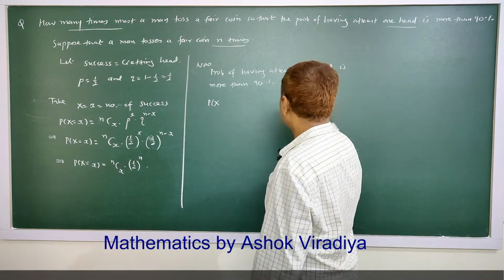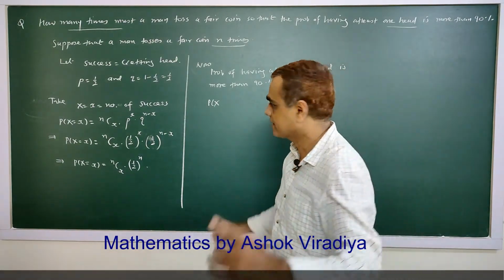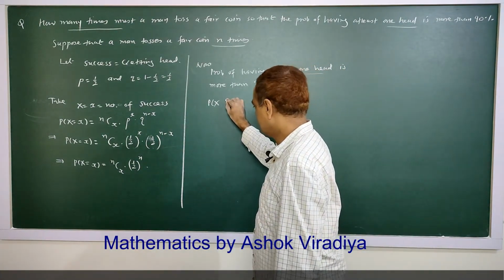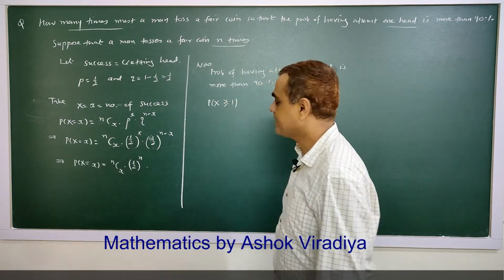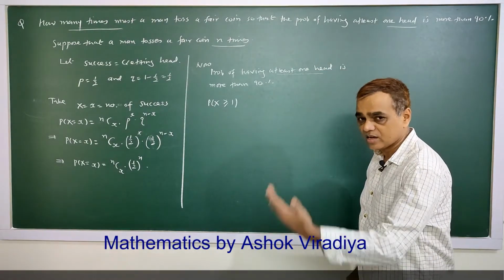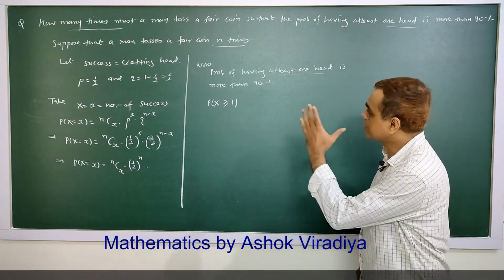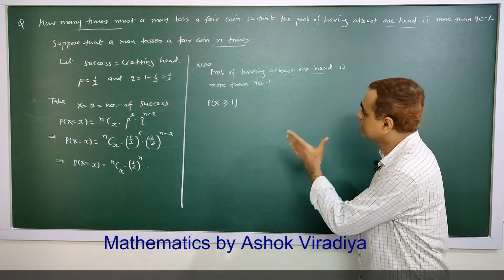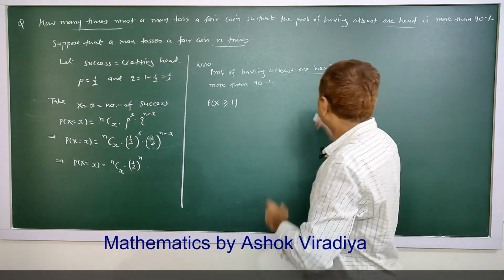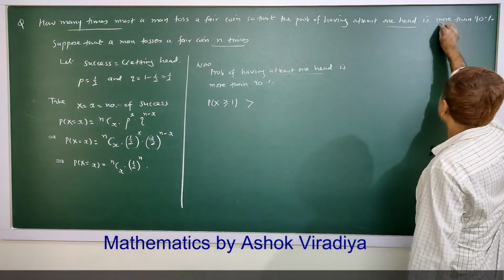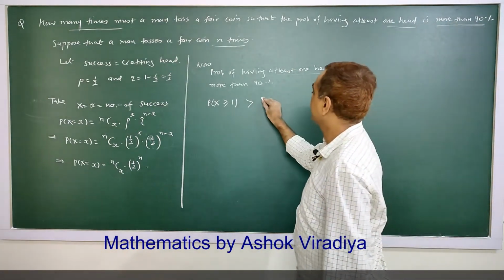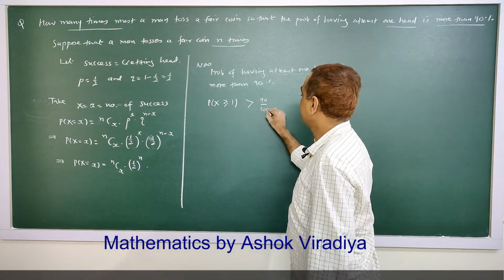See, at least one success means more than or equal to 1. At least one, not less than 1: 1 or more than 1. So the probability of 1 or more successes is more than 90%, so this is more than 90 by 100.